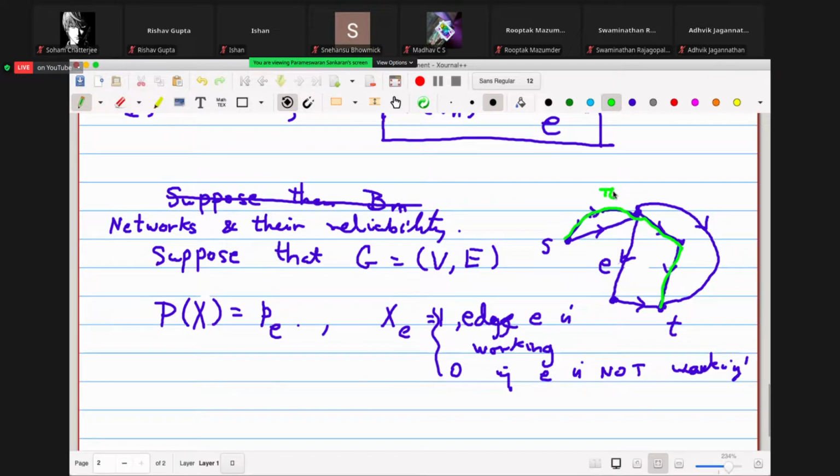So let us indicate by P of pi the probability of pi being available.